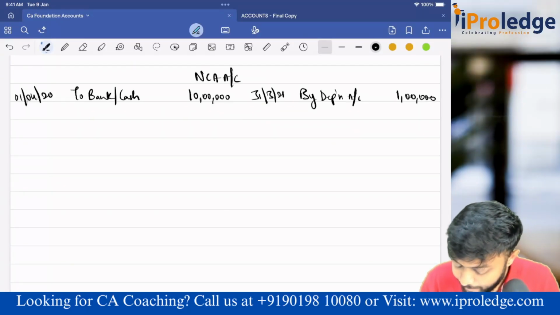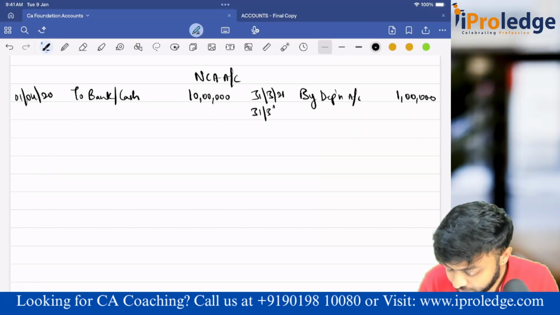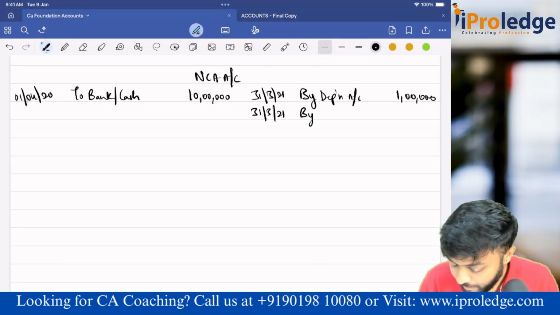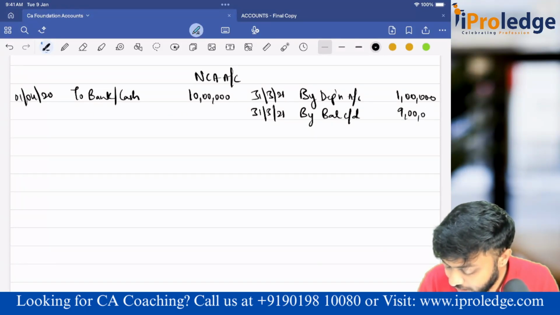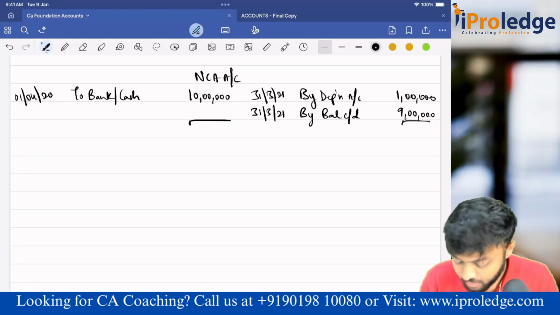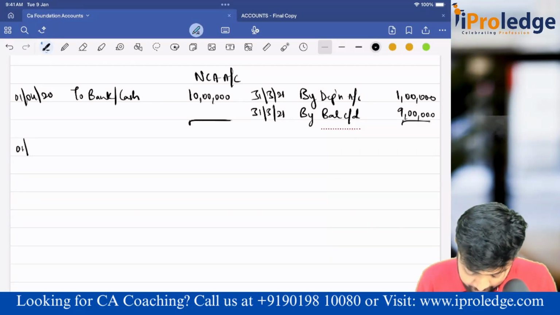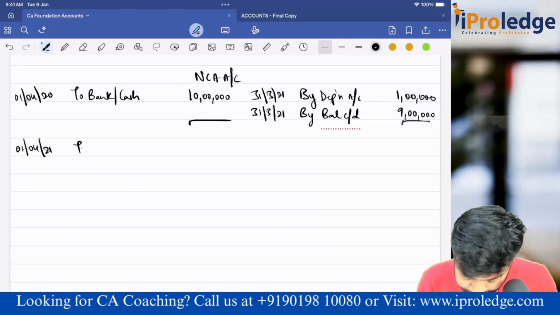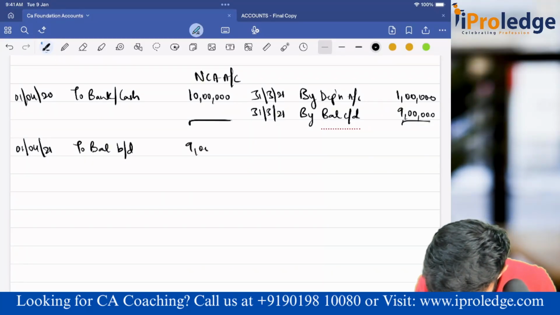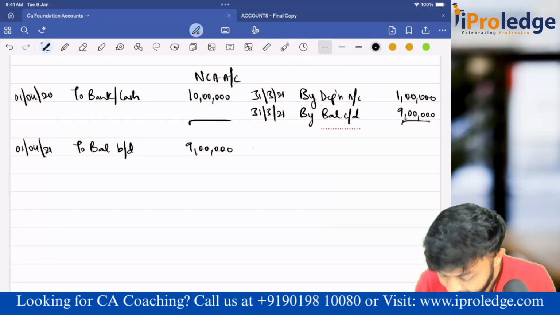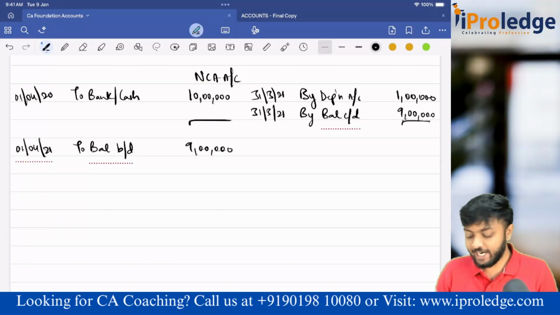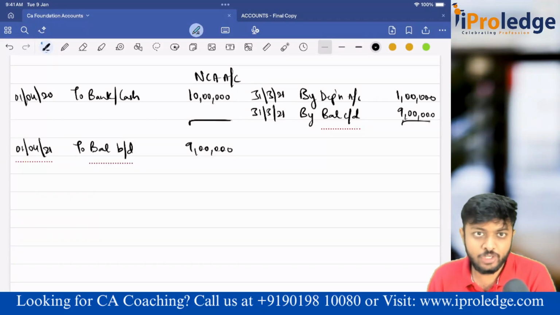Then you will balance it by balance carry down 9 lakh. Next this balance will be carried forward to balance brought down 9 lakh. So first year done, from now the sale entries are supposed to start.